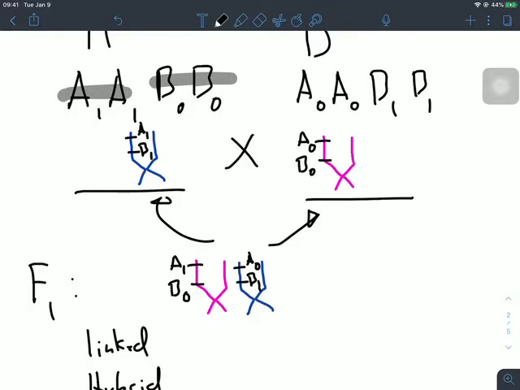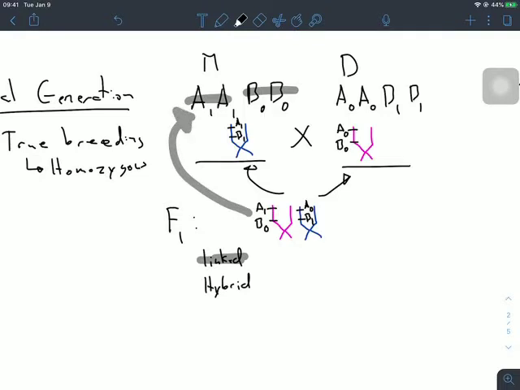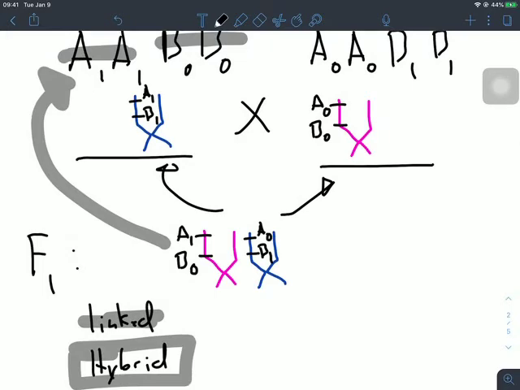So you need to look and see what alleles are linked in the parents before you look at how they manifest in the hybrid. And now, within the hybrid, you are able to measure recombination.